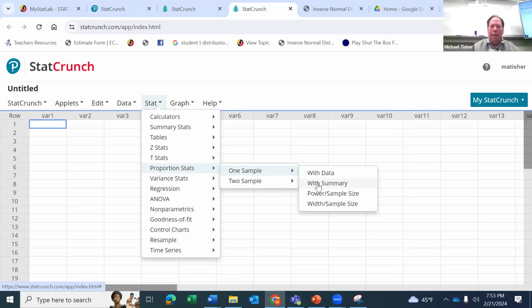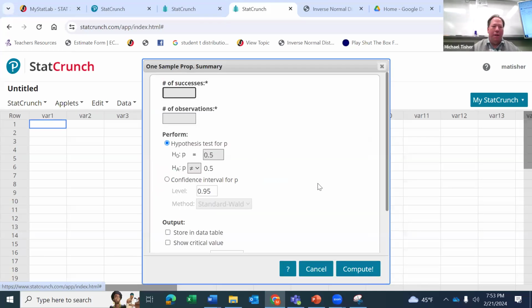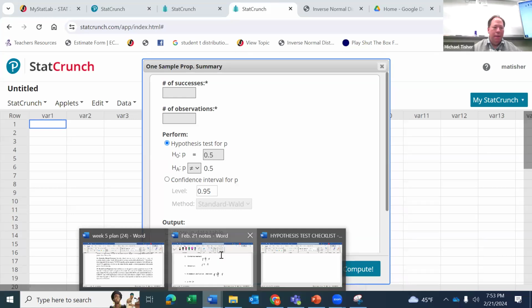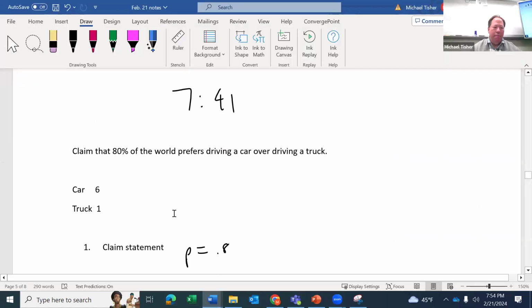All right, there we go. Then press enter. Okay, number of successes. That's my X. So let's see what that is. The claim is about driving a car, and in this case 6 out of 7 people prefer driving a car.